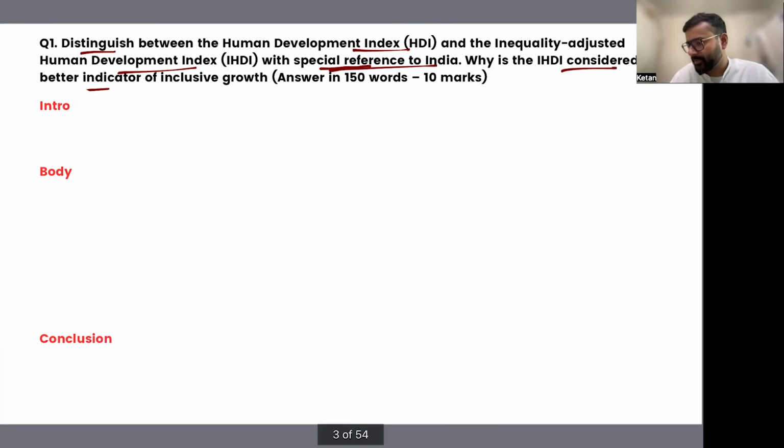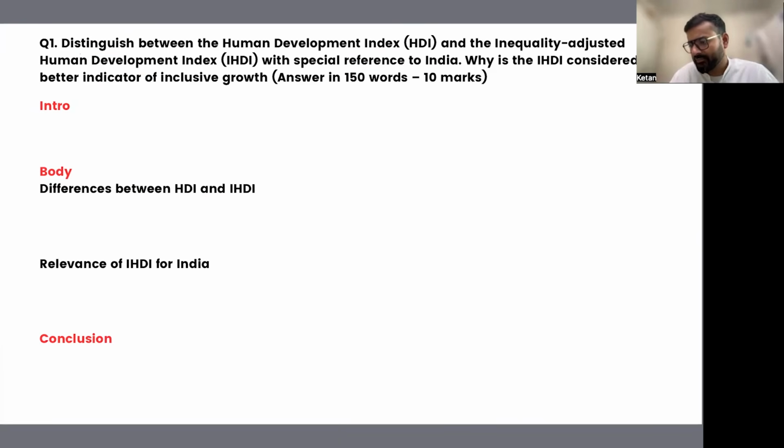So that is the main demand of the question. That will come in the body: the difference between HDI and IHDI and the relevance of IHDI for India. Okay. And then you can conclude with why inequality adjusted HDI is considered a better indicator.